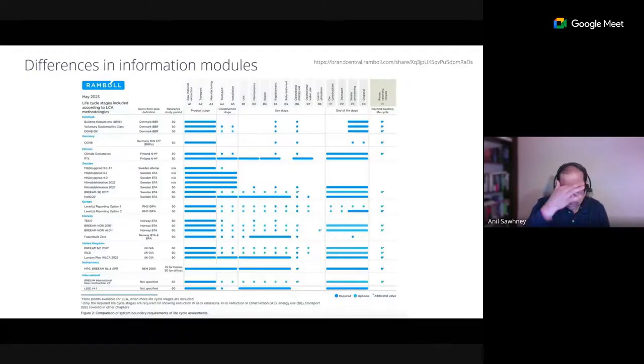So in order to do consistent calculations, you cannot have this kind of situation where you have so many methodologies out there, with varying levels of availability of information modules and the calculations behind them. So that's the number one issue that Ramboll pointed out.